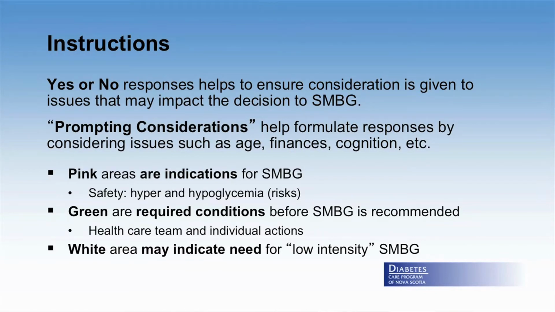The pink areas are the indications, and the indications are very simple. You're going to test if they're hyperglycemic, moderately or severely, or if you have concerns over hypoglycemia. The green are the required conditions. What has to be present if you've decided that they should test? And the white area, again, is even if you do not fulfill all the criteria, if you feel there's still another reason to test, you may do so. This will become more clear as we go through the tool itself.